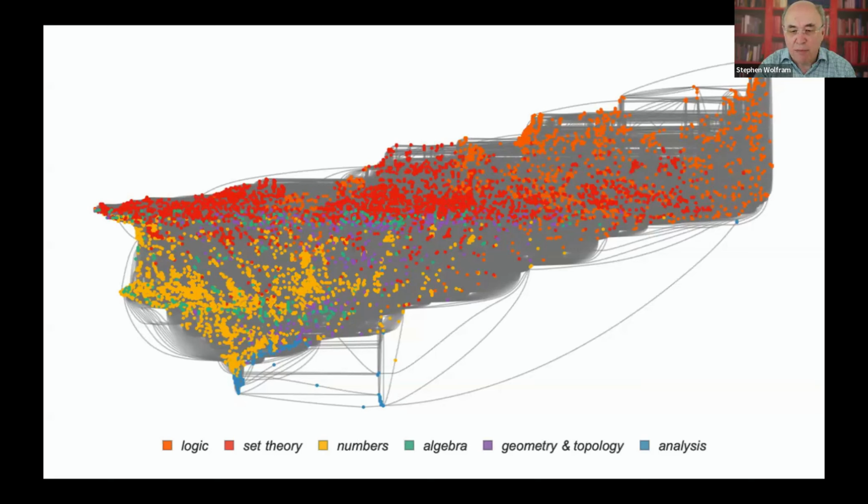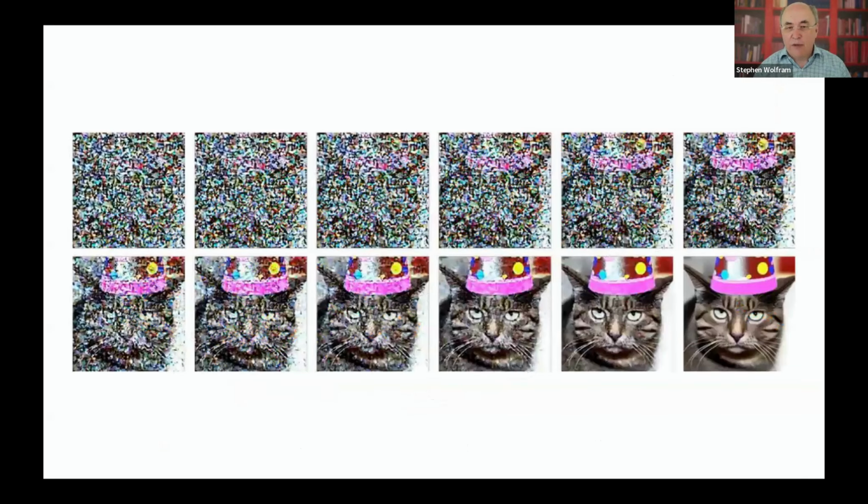Let's say we're using an image generation AI, and we tell it, make a picture of a cat in a party hat. It will use stable diffusion or something to try and construct something which matches the description of a cat in a party hat.